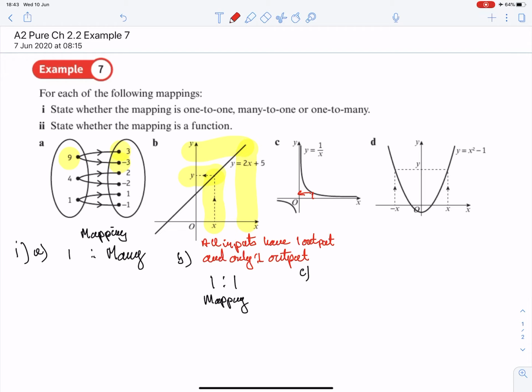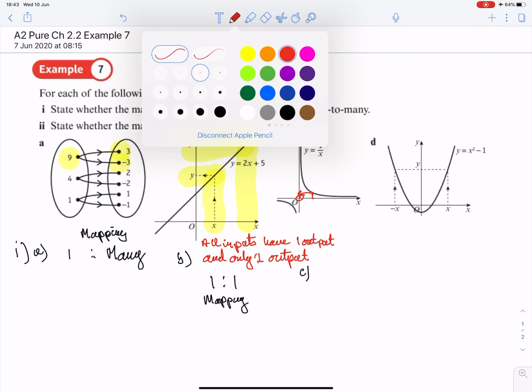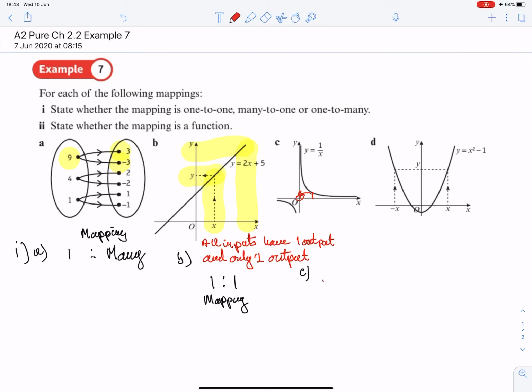There is a problem with the 0 because that doesn't seem to have an output, but that doesn't stop it being a mapping. So each input, 1, has a unique output, so that's going to be a one-to-one mapping.